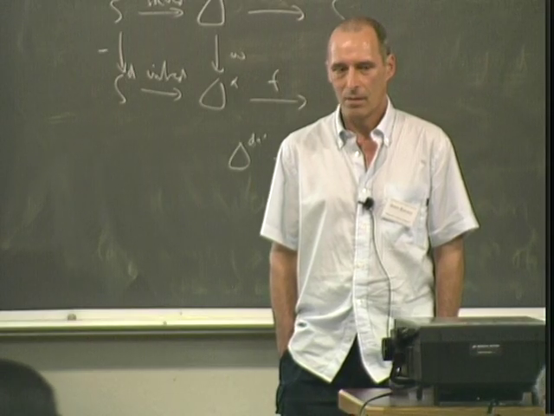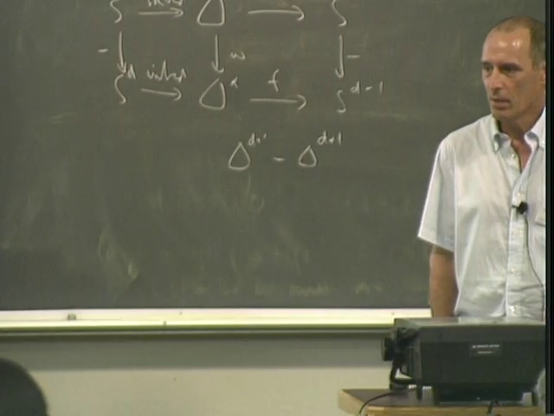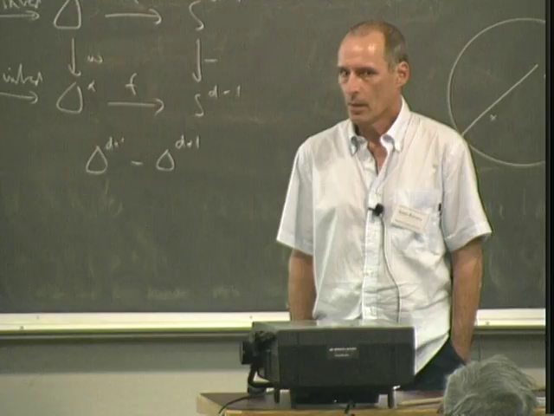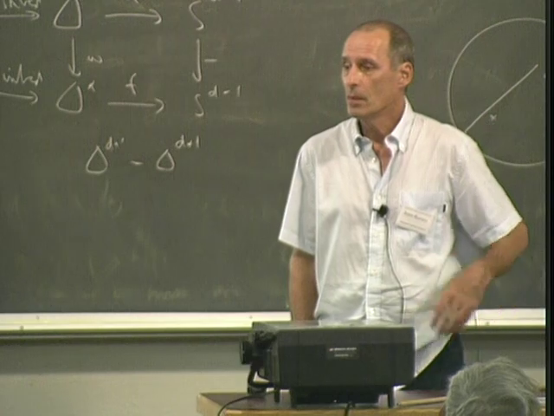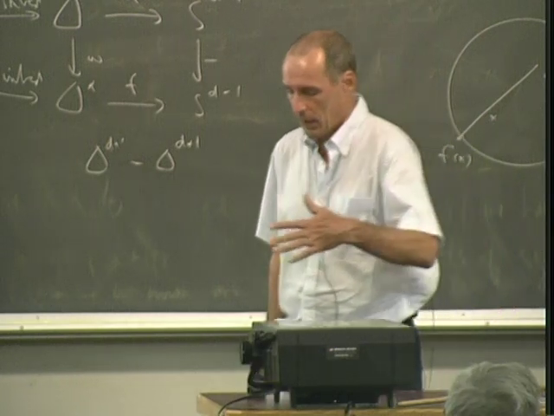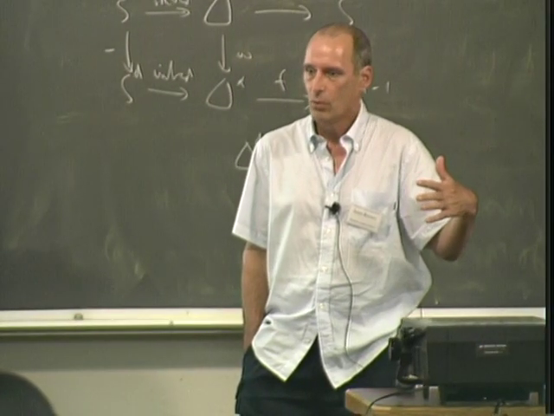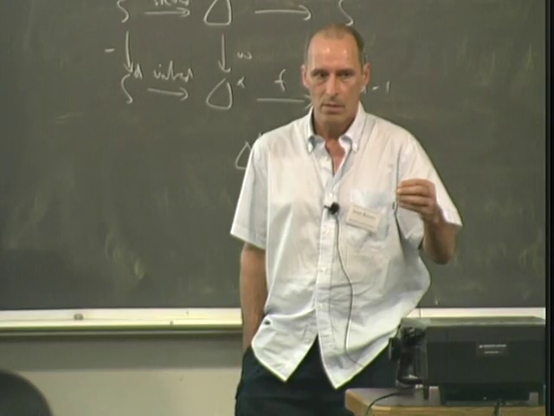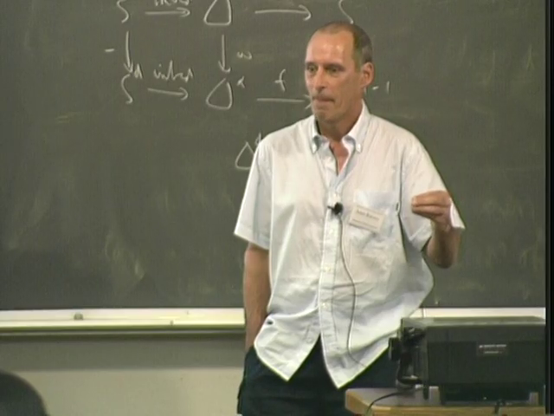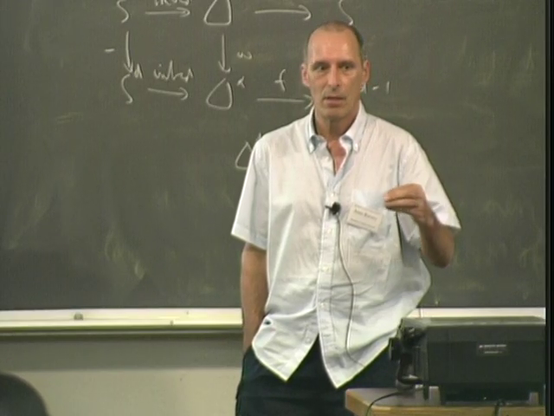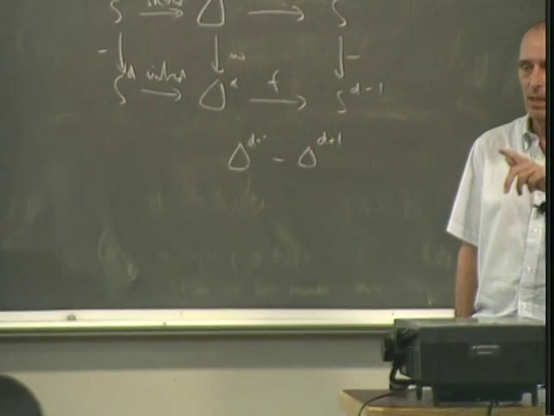Matoušek has a purely combinatorial proof of Kneser's theorem and of the Kneser-Lovász theorem, which avoids using Borsuk-Ulam. But this is essentially doing topology, not using words of topology. And Günter Ziegler has a similar proof for this p-adic version, or Z_p actions.